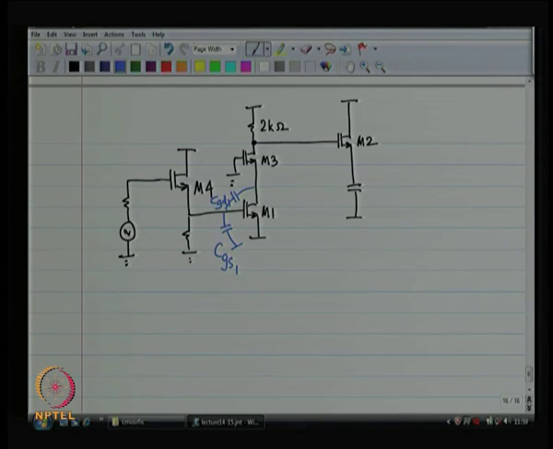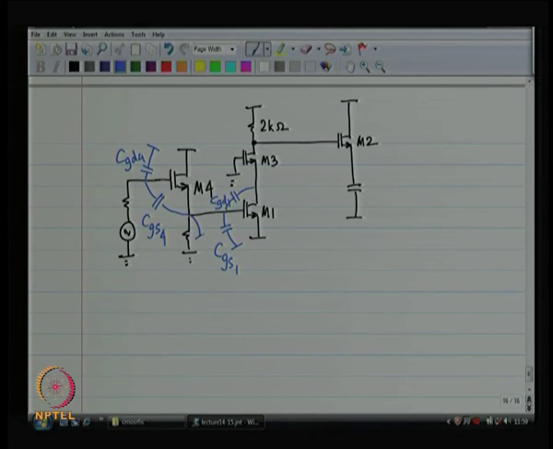Now, I have got to worry about a few new capacitors. I have got C gate to source of device number 4. I have got C gate to drain of device number 4. C drain to body is irrelevant for device number 4.